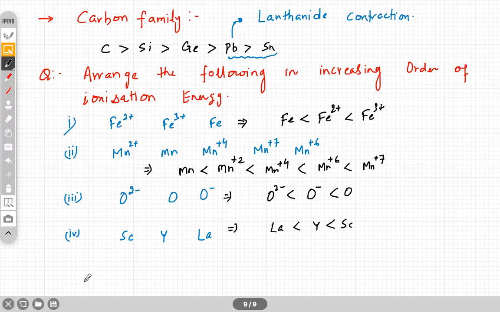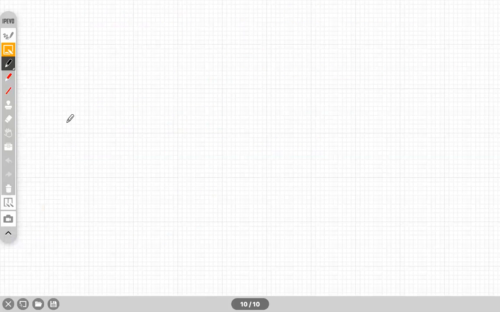Now there are some facts for ionization energy. You write it down. There are 2 points we have here. Facts about ionization energy.